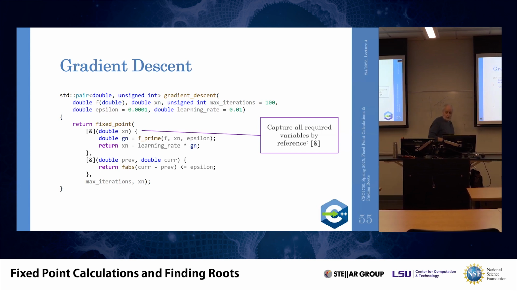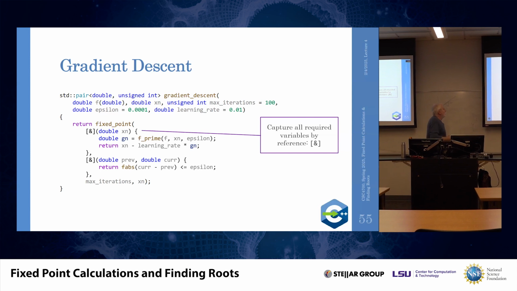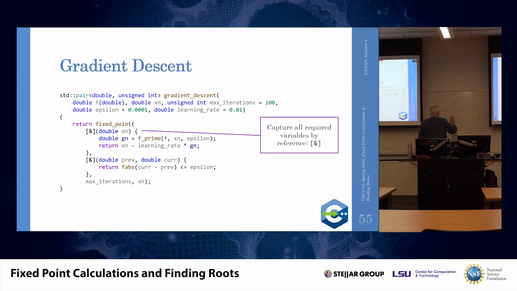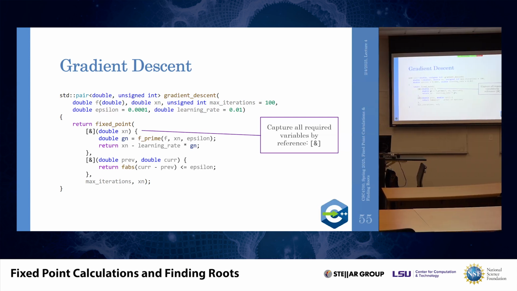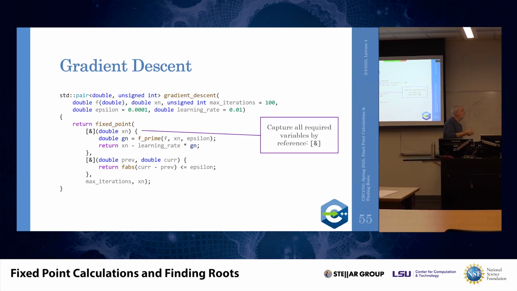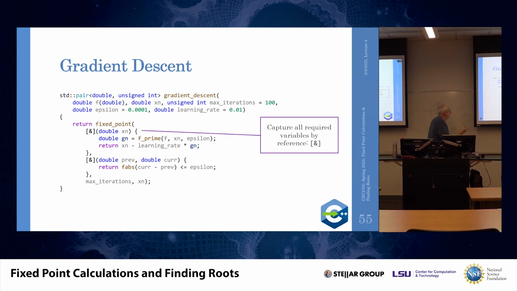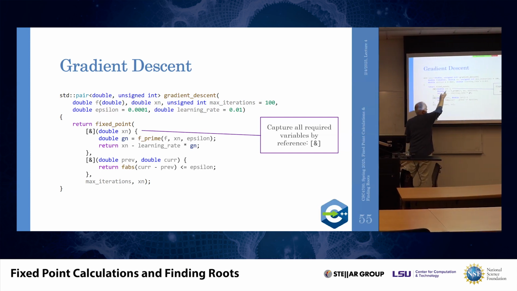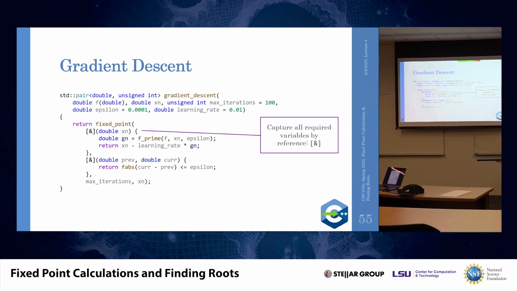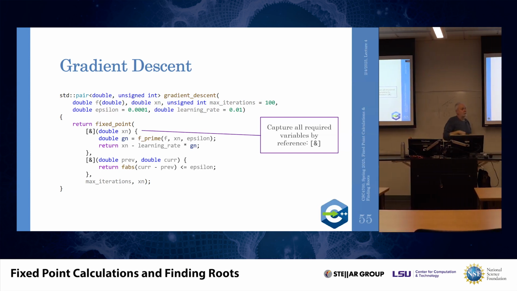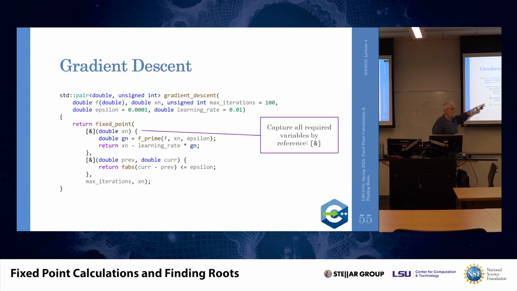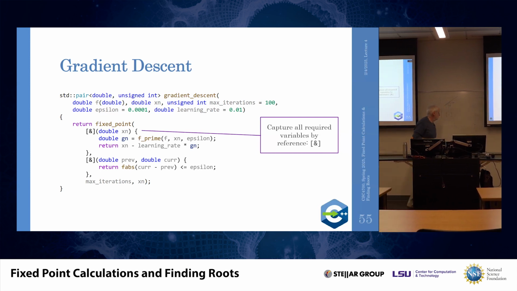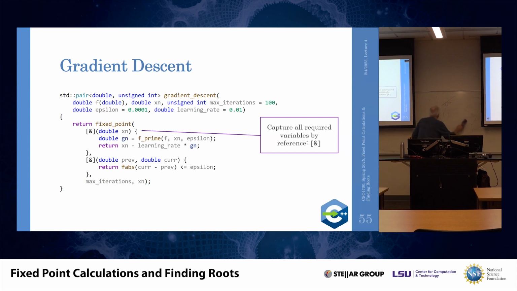By the way, if you want to capture things by value, you write it this way: just the equal sign in the capture clause, which will capture all needed variables by value. So things get copied into the lambda, whereas these are not copied, but referenced in the lambda. So if they change outside of the lambda, it will work with the changed values afterwards. Okay.